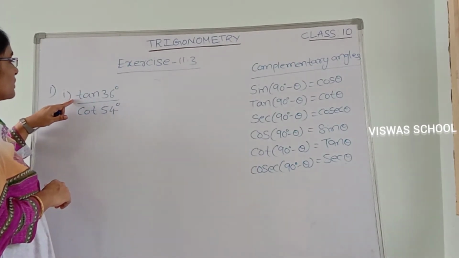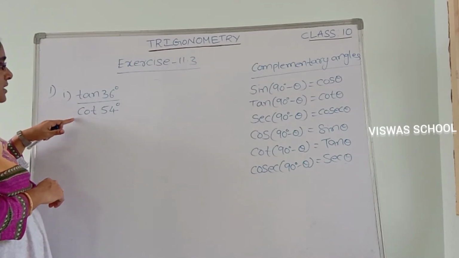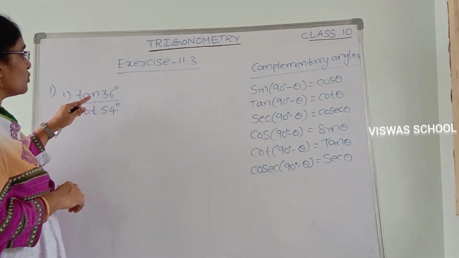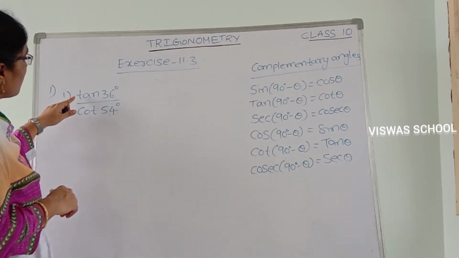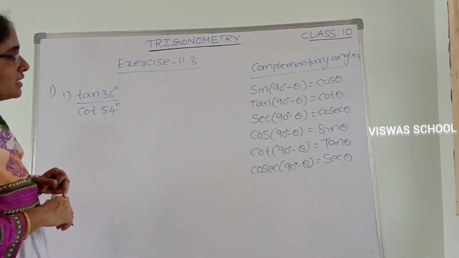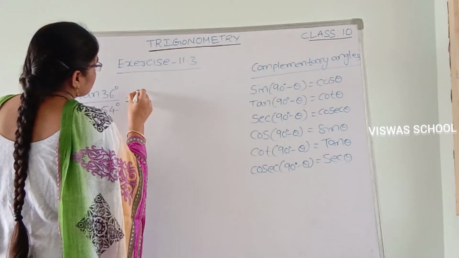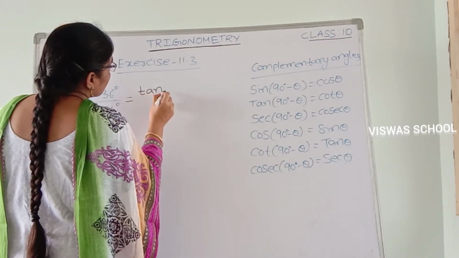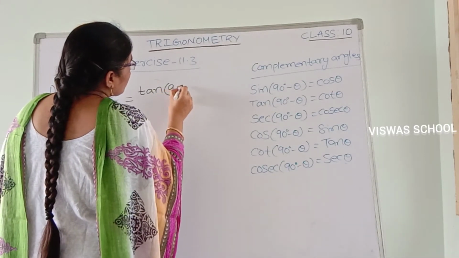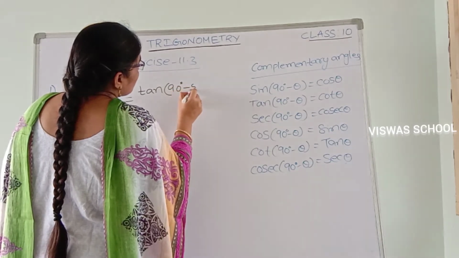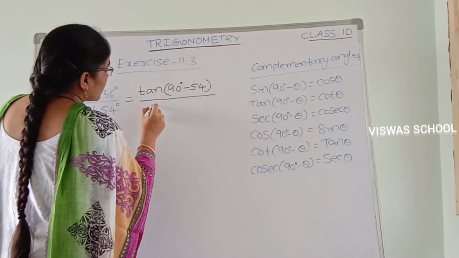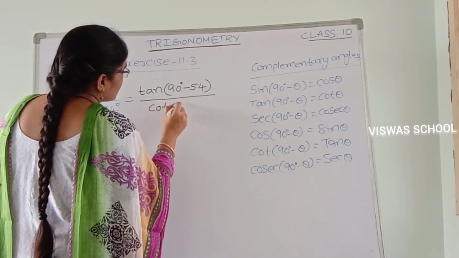Here you can change only one part, that is the numerator part or the denominator part. But don't change both terms. If I change the numerator part, how do you write this tan 36? Tan of 90 minus 54, by cot 54 degrees, with the denominator written as it is.